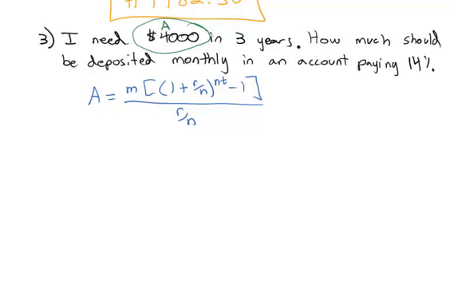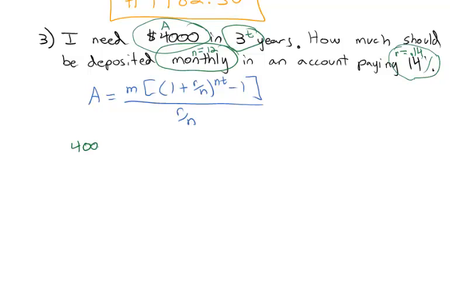So that's going to be our A. 3 years, that's the time. It's deposited monthly, so n, our frequency of deposits, is 12 times a year. And the interest rate is 14%. So r equals 0.14.